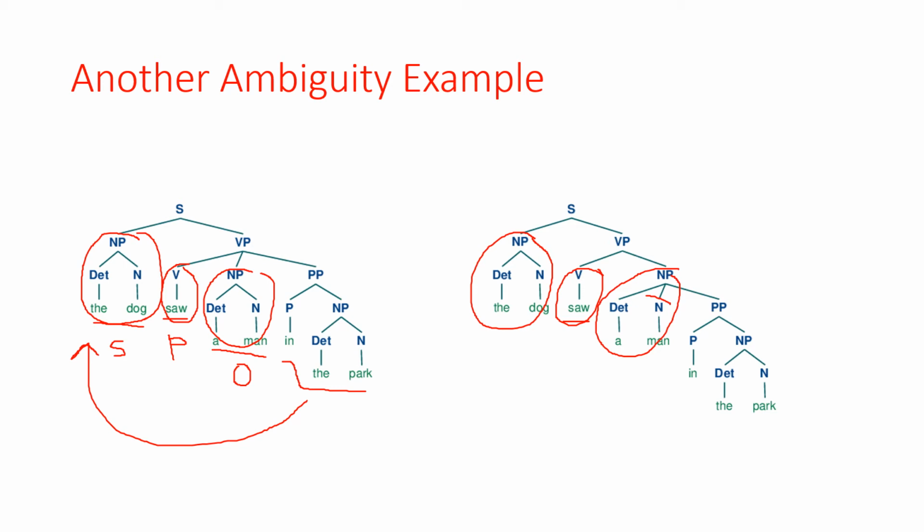And the right parse tree uses this prepositional phrase referring to the object of the sentence, which is a man. So the man is the one who was in the park, not the dog necessarily. The dog might have been in the park to see the man, but the dog did not have to be there.